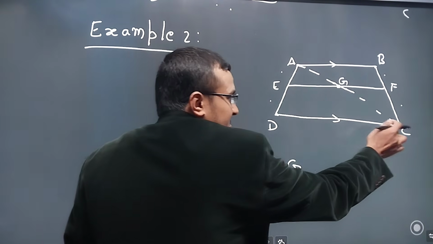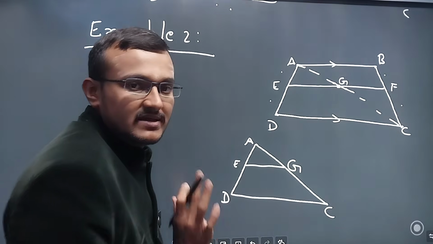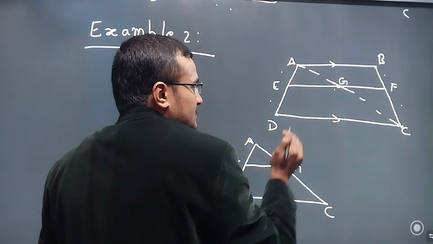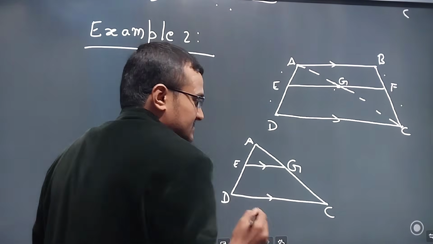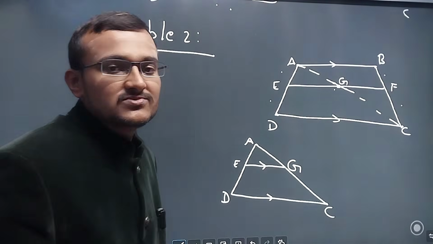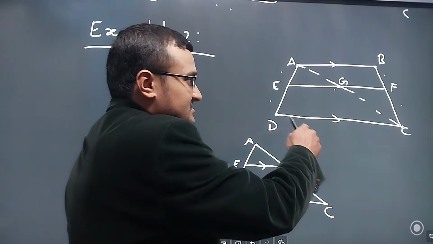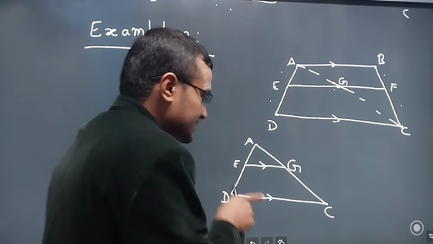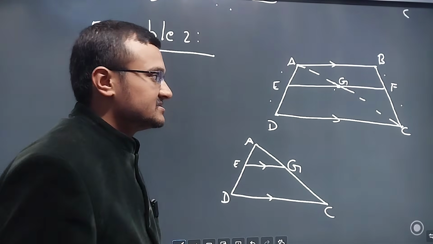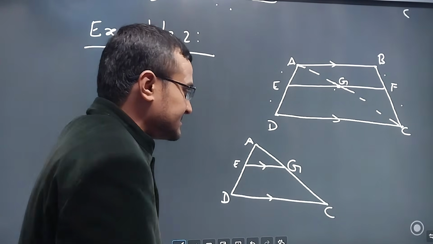So this triangle I am writing over here, and this EG is parallel to DC because EF is parallel to DC, and EF is a straight line.